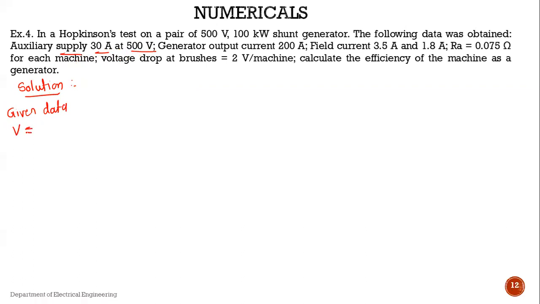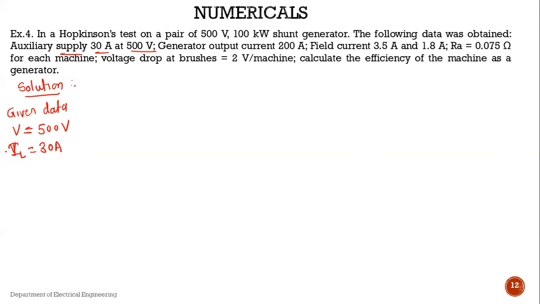So when the machine is not connected, or switch S2 is not connected, that means at no load condition of the generator, वरती no load दिलेला नाही, त्या condition ला supply voltage taken from the motor is equal to 500 volt and current taken, that is IL, is equal to 30 ampere. Okay, 30 ampere current घेते.